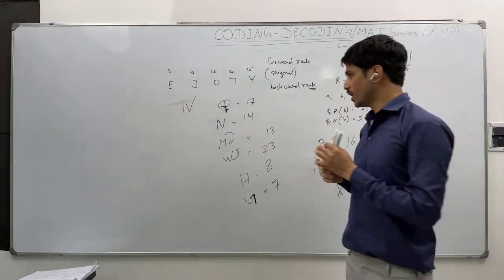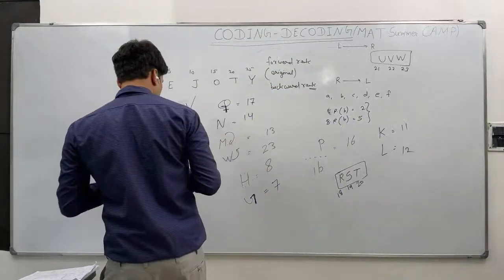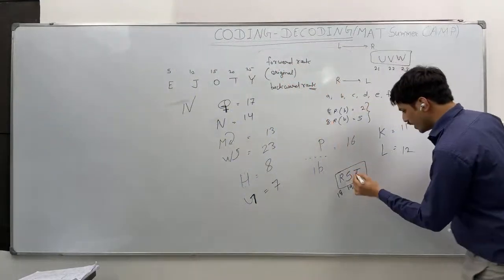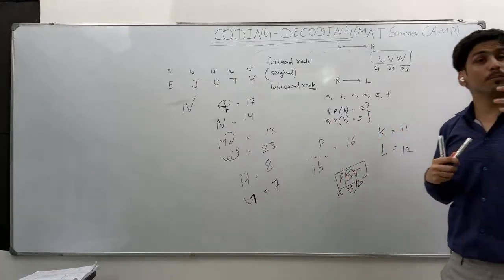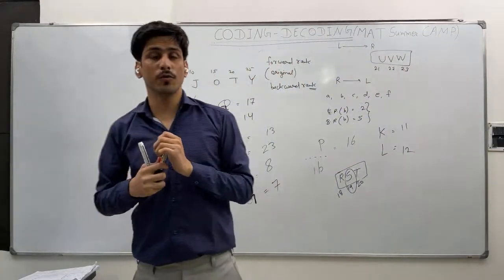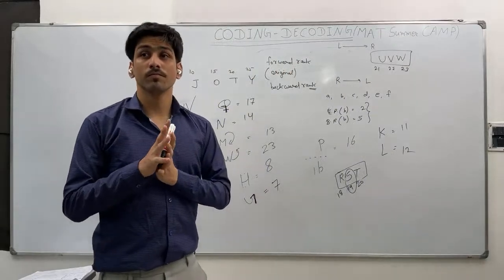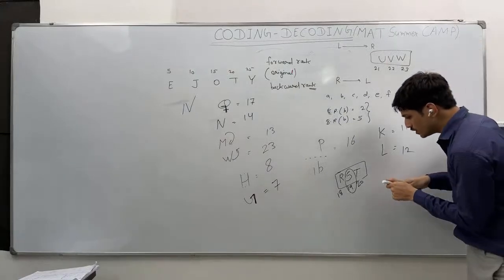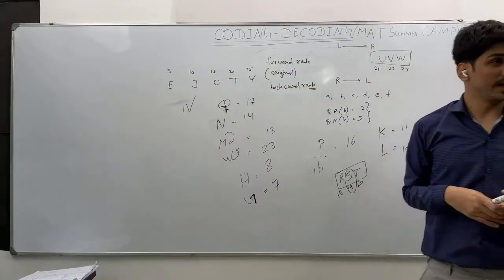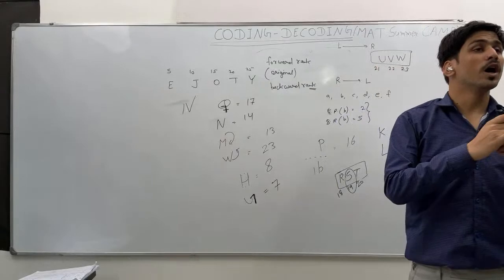Clear? Okay. Now let's say the rank of S is 19. This is the forward rank. If I want to find the backward rank, what will be the rank of S? 8.